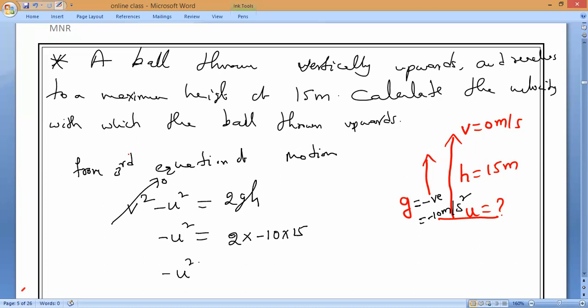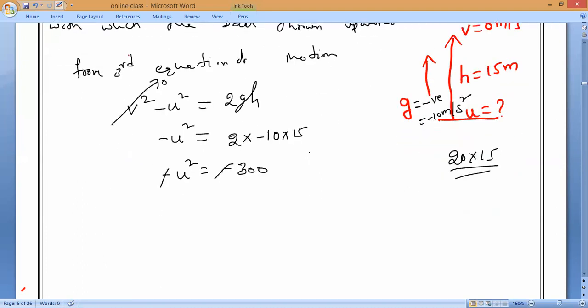So minus u squared equals, minus will come from 2 tens are 20, and 20 fifteens are how much? 300. Now the minus will get cancelled, so u squared equals 300, and u will become root of 300.